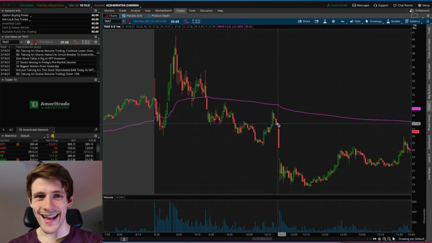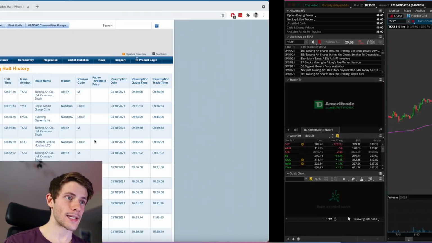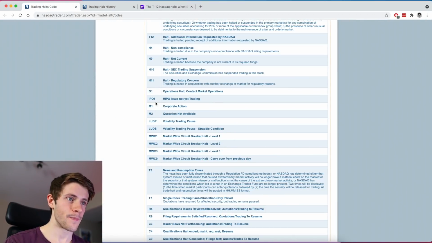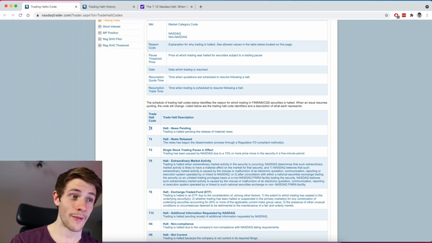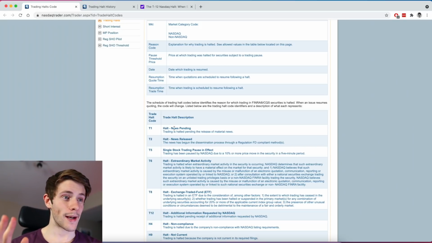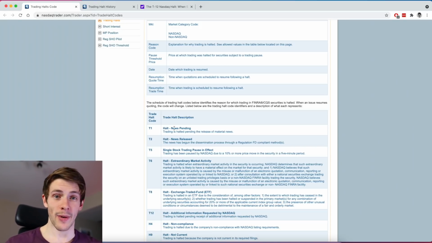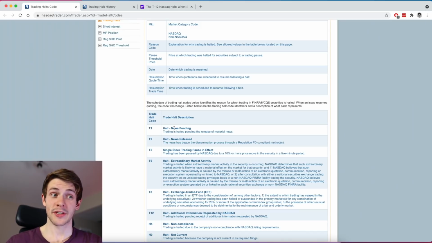And this is the next type of halt that I want to talk to you guys about. And this happens also a lot with stocks like this. And if I go to these trading halts here, you can see the next type is T1. And this means that trading is halted pending the release of material news. And a lot of times what that news is on these stocks that are spiking up really big is the stocks come out with a press release and they say, listen, guys, we are not aware of any material changes or anything in our company that would explain this type of increase in the price.